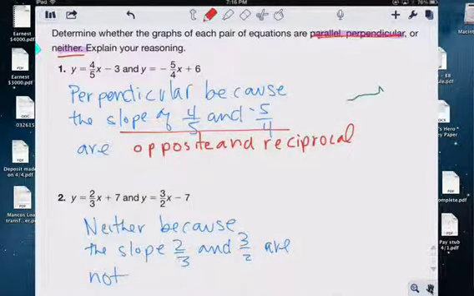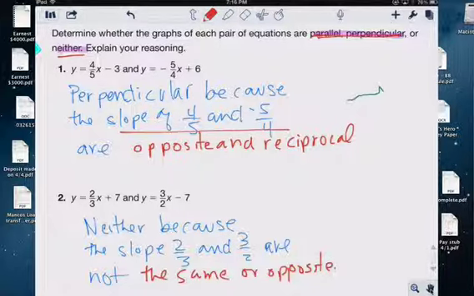Neither, because the slopes are not the same or opposite. They're reciprocal, but not opposite. It needs to be opposite to be perpendicular, and it needs to be the same for parallel.